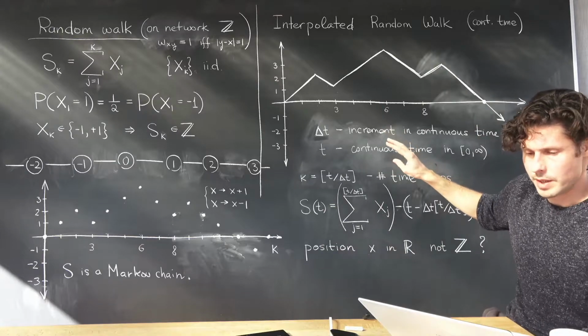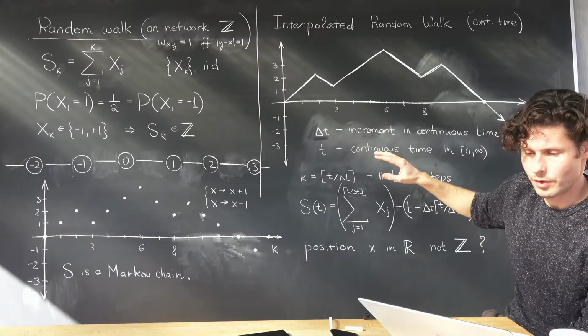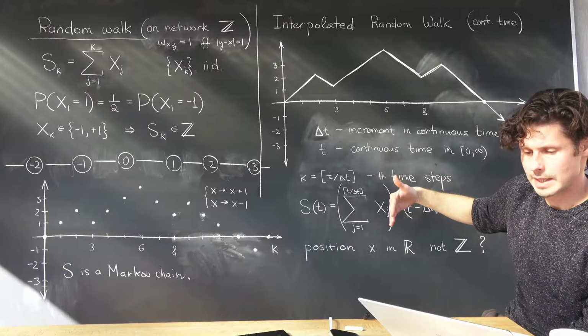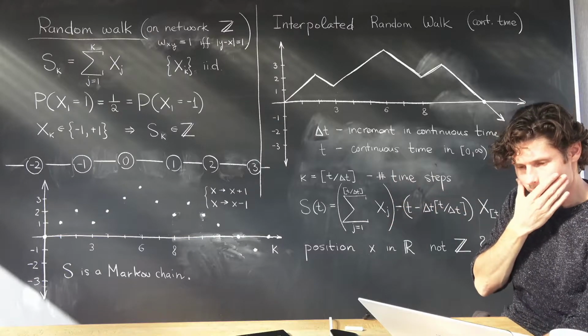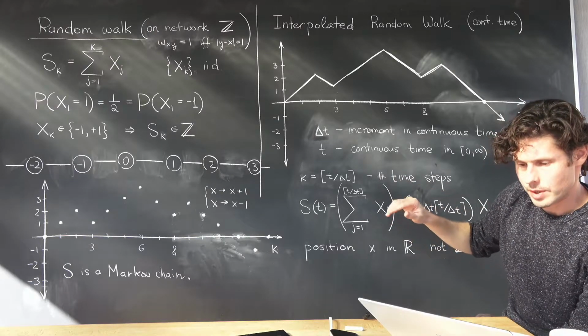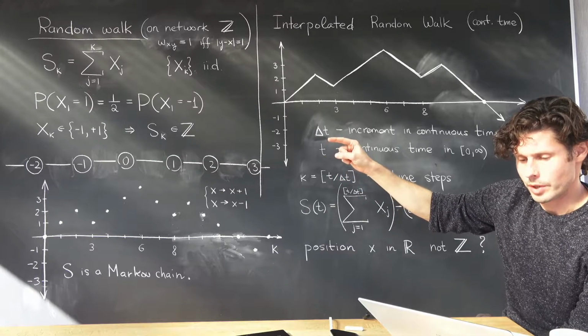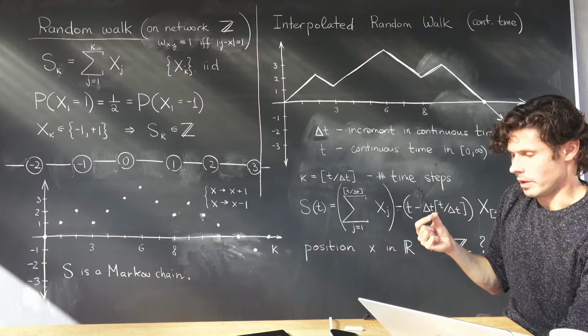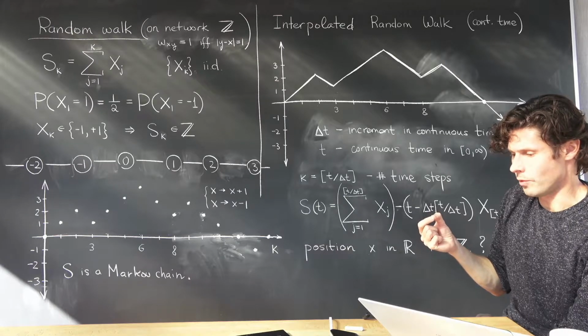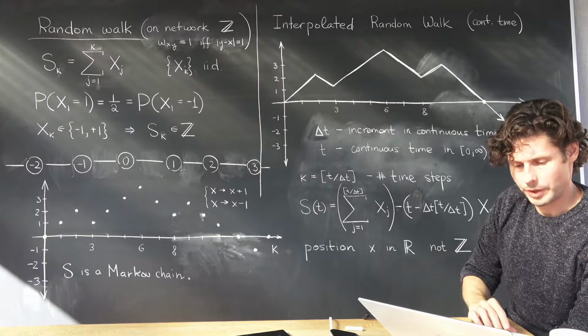What I've done here on this side is to try to take our first step, which is to move over to continuous time. To do this, I'm going to define this increment of time. You can think of it as the amount of time that it takes for this particle to get displaced.